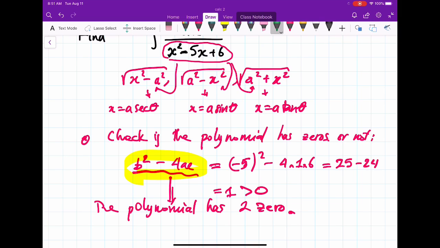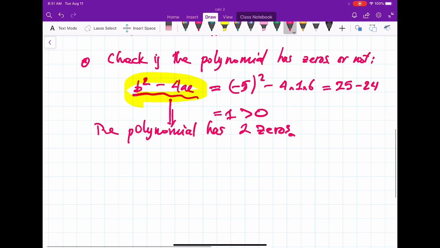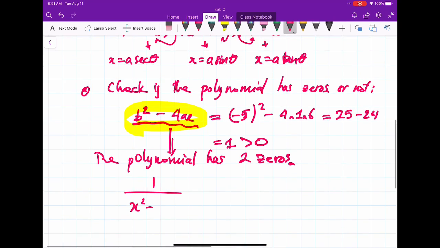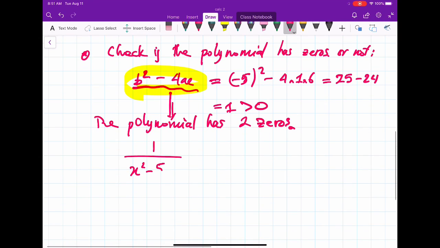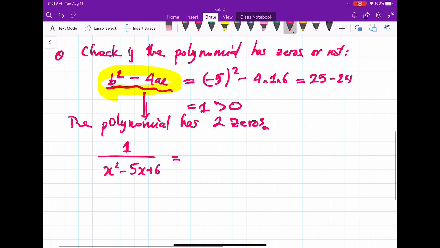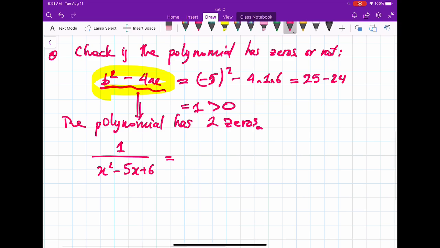Okay, let's do this. We know it has two zeros here. Let's factor that out. So I write 1 over x squared minus 5x plus 6 equal to... you can find the two zeros by the quadratic formula. Let's write that formula: x1,2 equals negative b plus or minus the square root of b squared minus 4ac, over 2a.